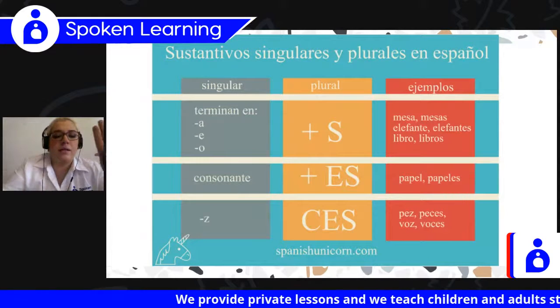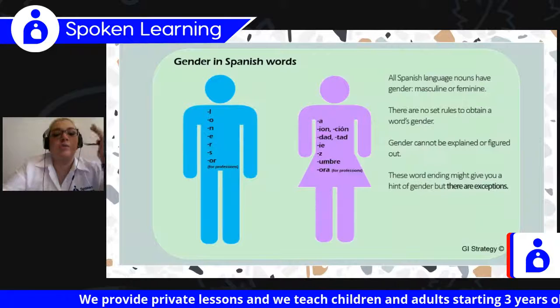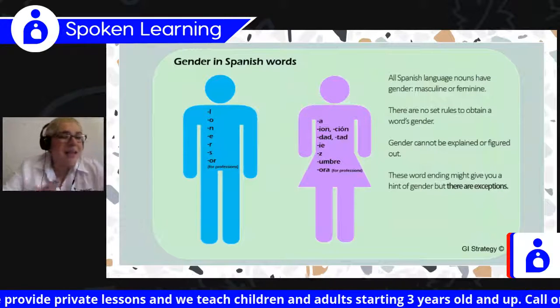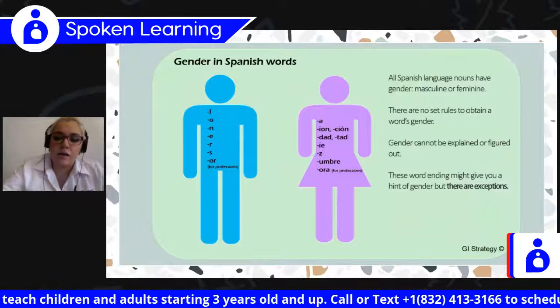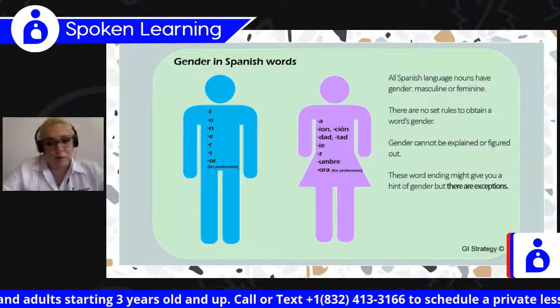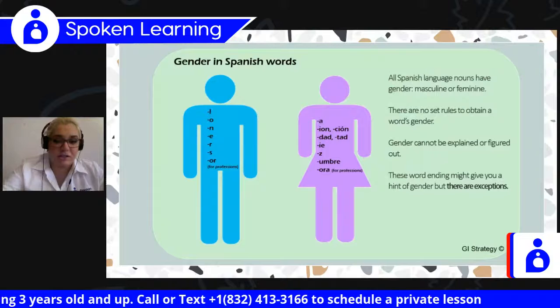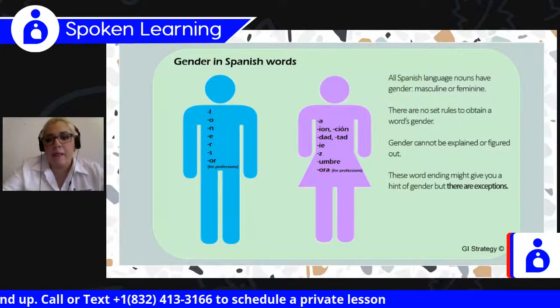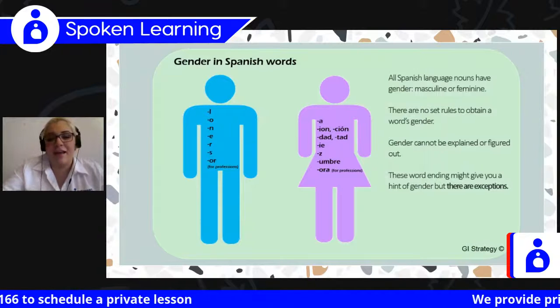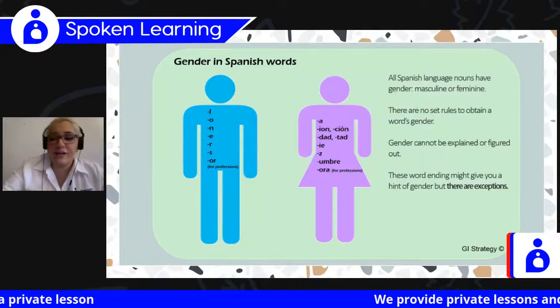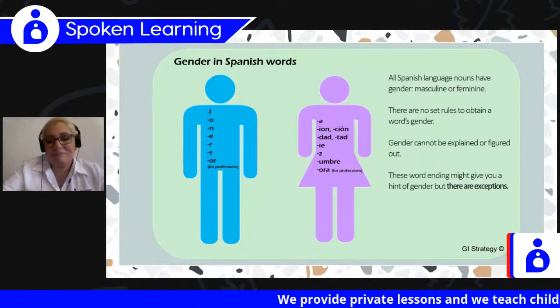So this is with the plurals, and I just want to add the gender in Spanish words, okay? All Spanish language nouns have a gender, masculine or feminine, okay? There are no set rules to obtain a word's gender. Gender cannot be explained or figured out.